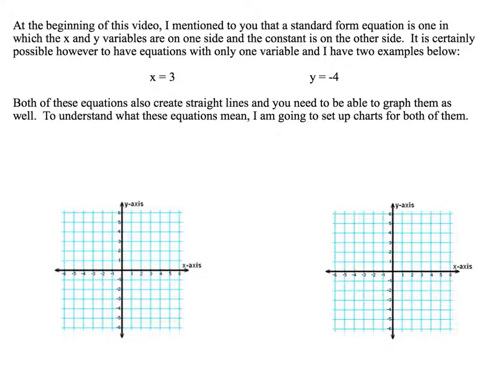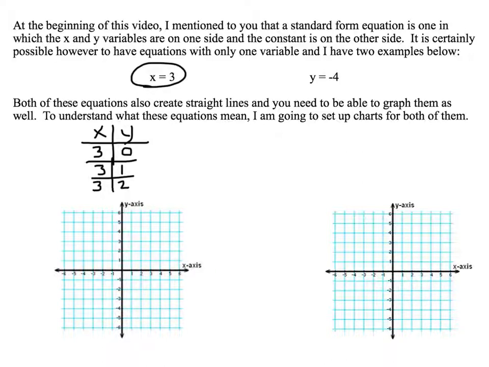So here's a chart for that very first equation, x is equal to 3. It tells me that x always has to equal 3, but it doesn't tell me anything about y. So I could make y 0, or if I wanted to, I could make y 1, or I could make y 2, because it doesn't tell me anything at all about y in this particular equation.